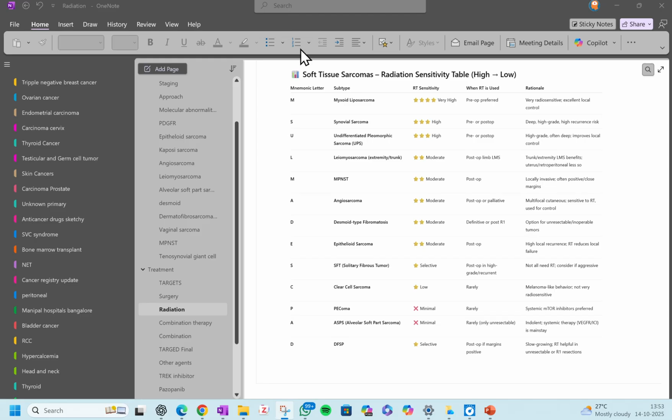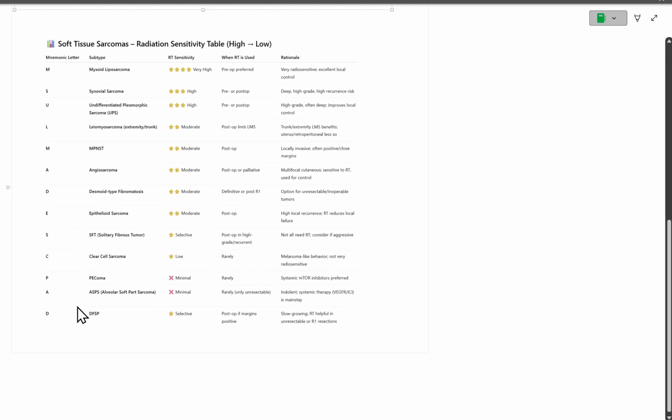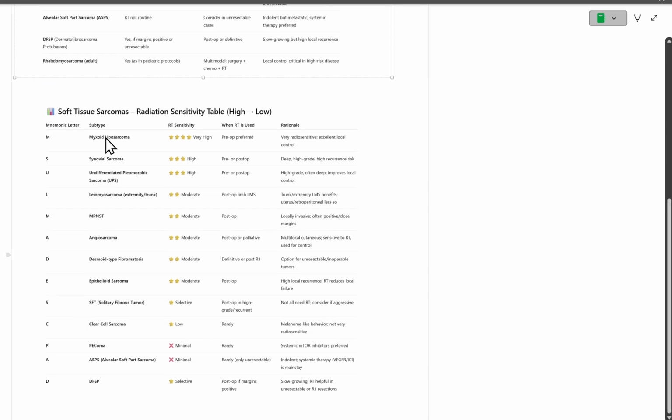And when you come to radiation, this myxoid lipo is very radiosensitive. Synovial sarcoma has a good response to radiation. Pleomorphic undifferentiated has a good response.